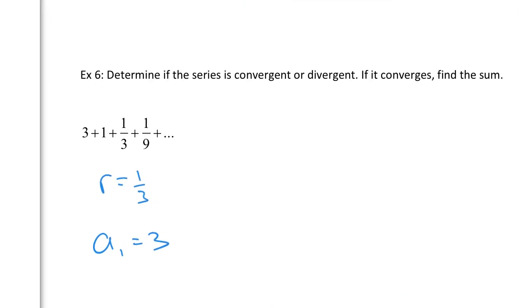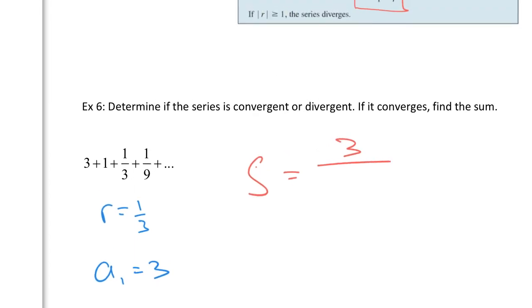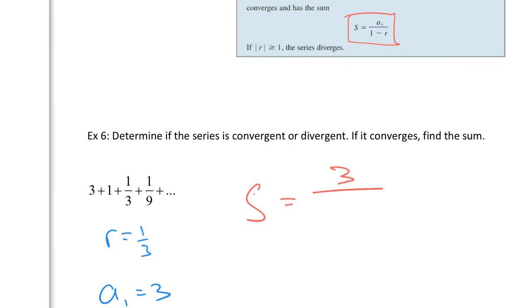So if you look at this, 3 plus 1 plus 1/3 plus 1/9, we can figure out the sum that this converges to, because r is 1/3, so we know it converges, and a1 is 3. So I'm going to say the infinite sum is equal to a1 over 1 minus r, so 3 over 1 minus 1/3.